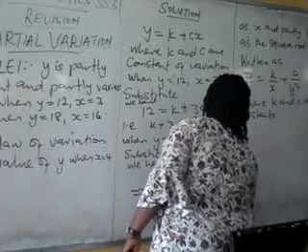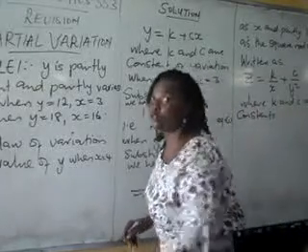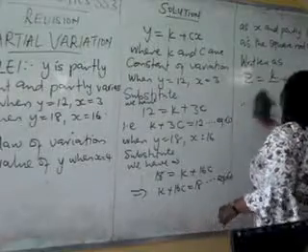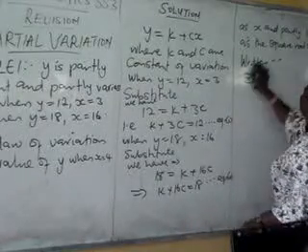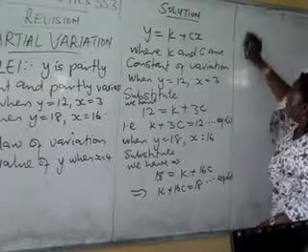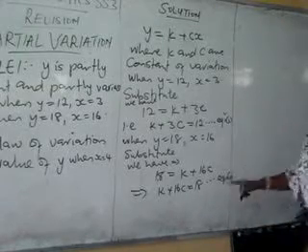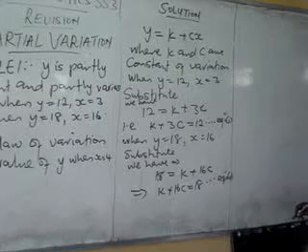That is equation 2. Now, solving equations 1 and 2 simultaneously to get the 2 unknowns. This is our equation 1. This is our equation 2.